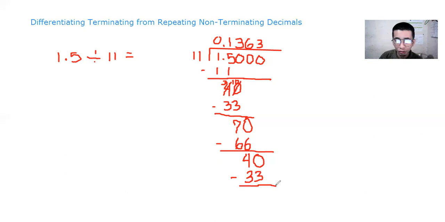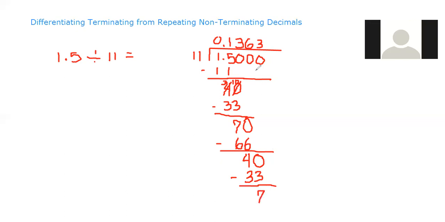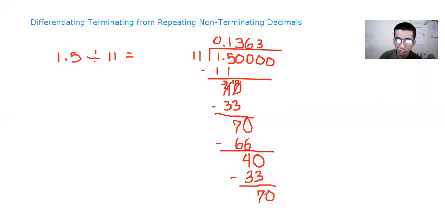What is 40 minus 33? 7. Okay. Then, hindi pa rin siya. So, dagdag tayo ng 0. 70 divided by 11, that is 6, diba? So, 6 times 11, that is 66. So, 70 minus 66, 4.